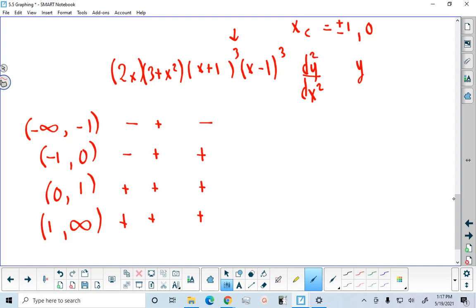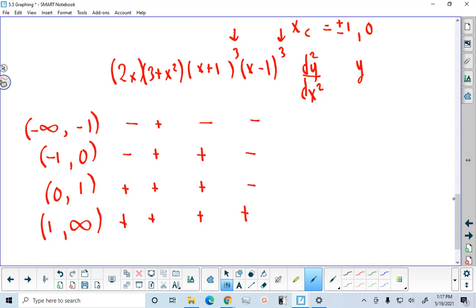x minus 1 is negative, negative. It's negative until after it passes 1, where it becomes positive. And again, since this exponent is odd, raising a negative to an odd exponent keeps it negative. So what does this tell us?